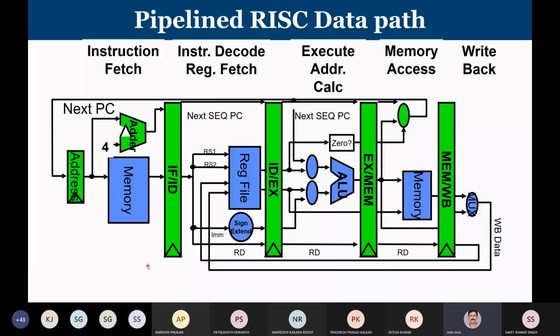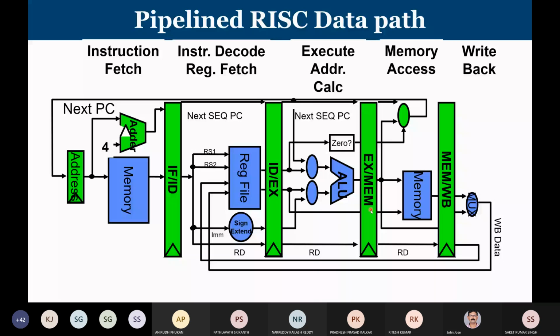In the beginning of a clock cycle, what happens? The instruction decode unit will take whatever is available in the IFID pipeline register, perform the decoding and read the register, and then at the end of the clock cycle, it will write into the IDEX pipeline register. And what will be done by the EX unit? Whatever is present in the IDEX register, depending on the operation, either you add it or you compute the effective address and write the result.